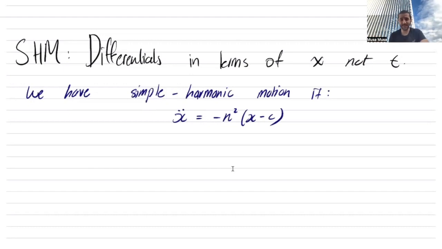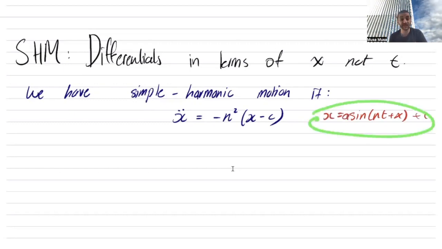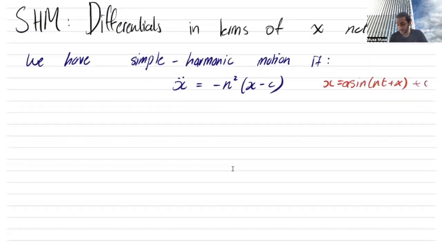You're told that the second derivative, so acceleration, should be written in terms of the n, which is often, like if you have sine of nt plus alpha, whatever, like say this is what your simple harmonic motion's displacement equation looks like. Then you're told that the second derivative equals negative n squared, so the coefficient of t, times the displacement, and then minus the center of motion, or the center of oscillation.